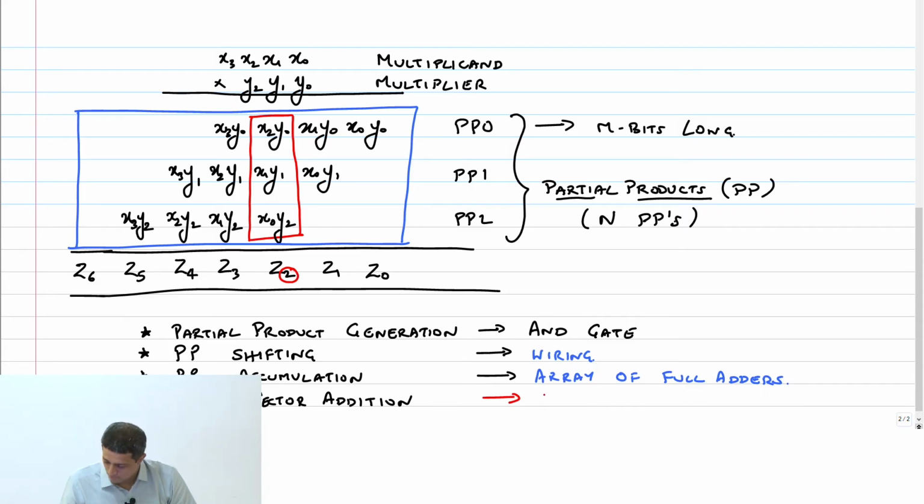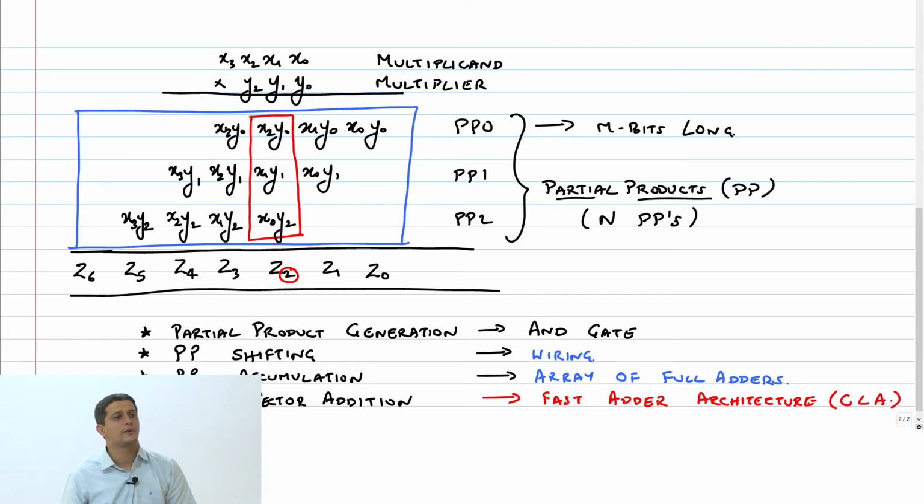So here you have to use some fast adder architecture. And this is where I am suggesting that you use something like a carry look ahead adder to speed up your multiplication. Okay. Now what we discussed was only for unsigned numbers.